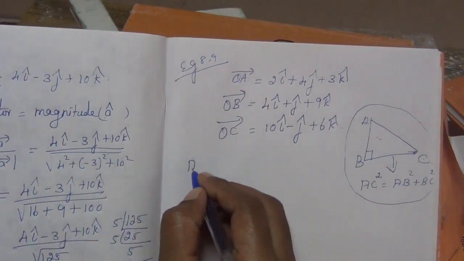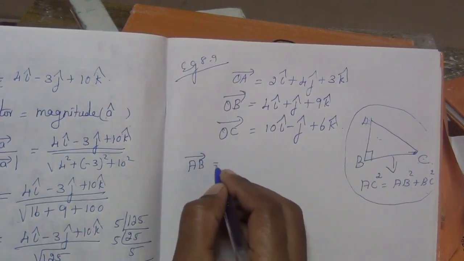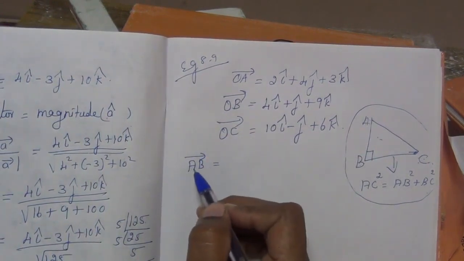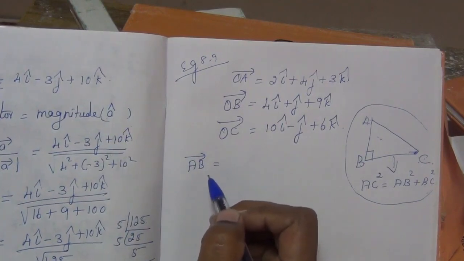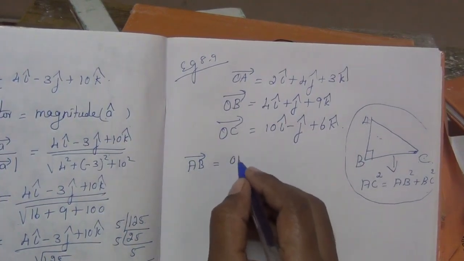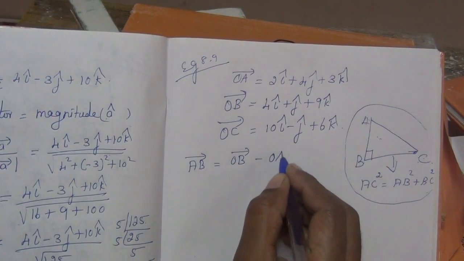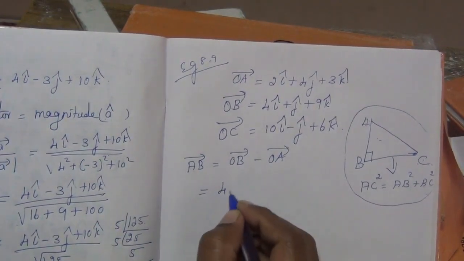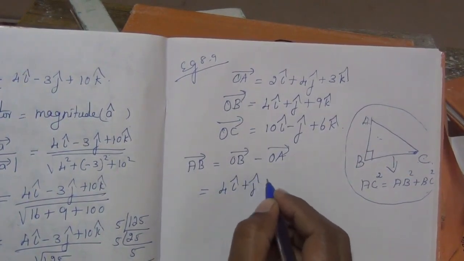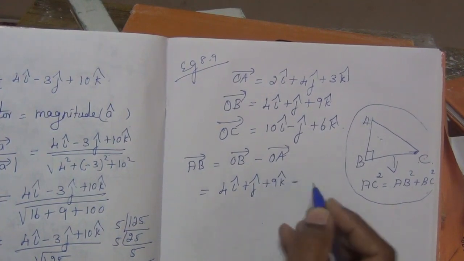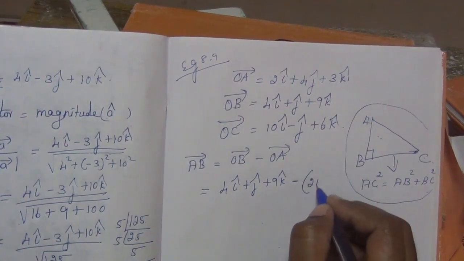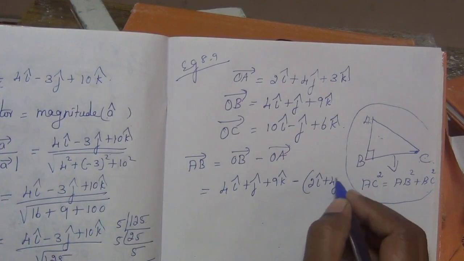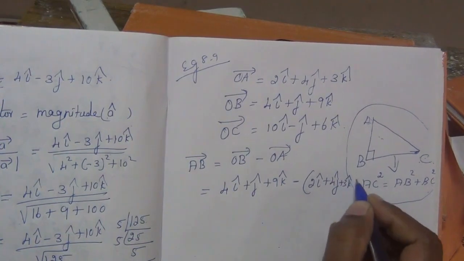So we will find AB vector first. Then to find the magnitude, it is modulus AB vector. So AB vector equals OB vector minus OA vector. OB vector 4i cap plus j cap plus 9k cap minus OA vector, that is 2i cap plus 4j cap plus 3k cap.